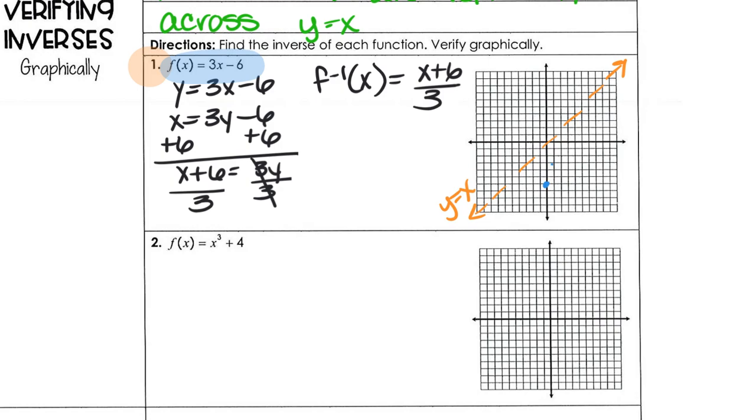So up 3 over 1, up 3 over 1, over 1, 2, 3 over 1. Very rough sketch, but this linear function is what I get. I get to choose what points I use in order to graph.